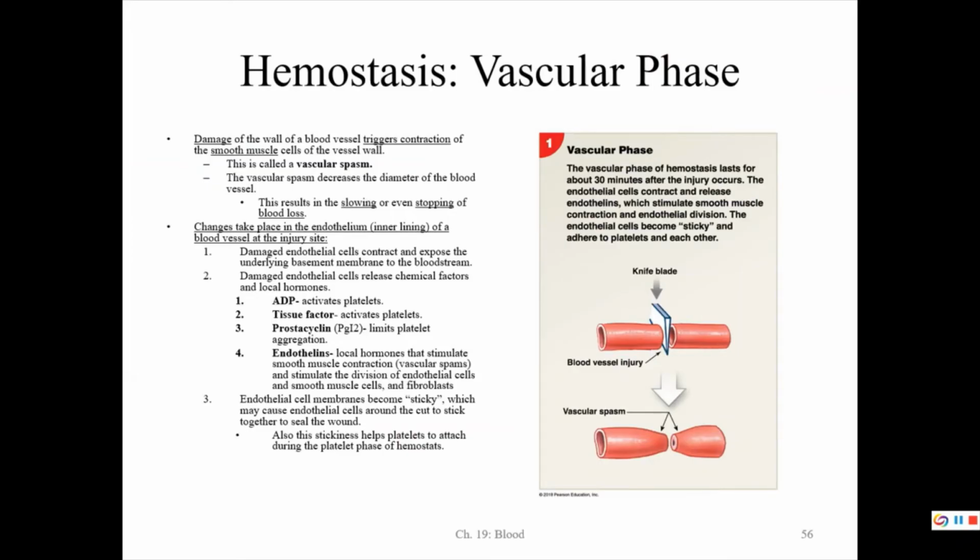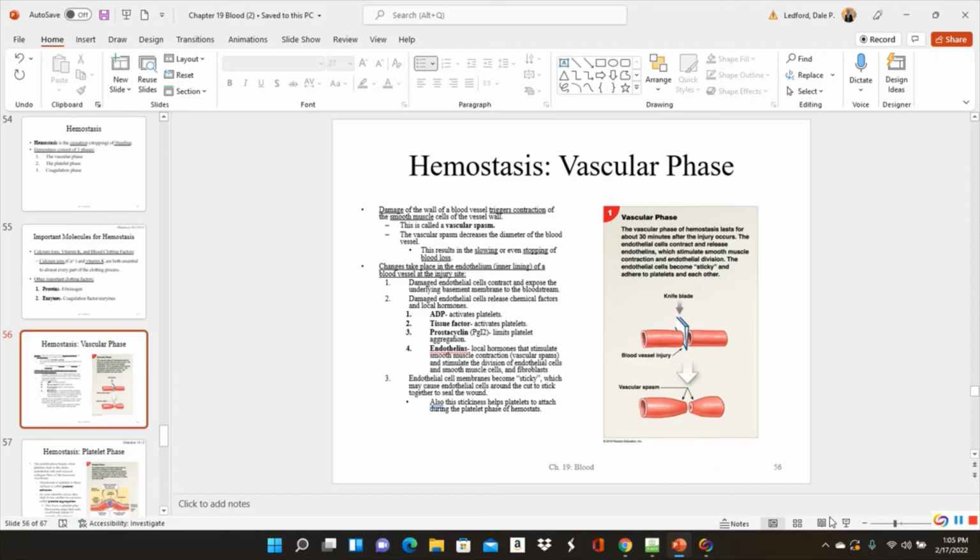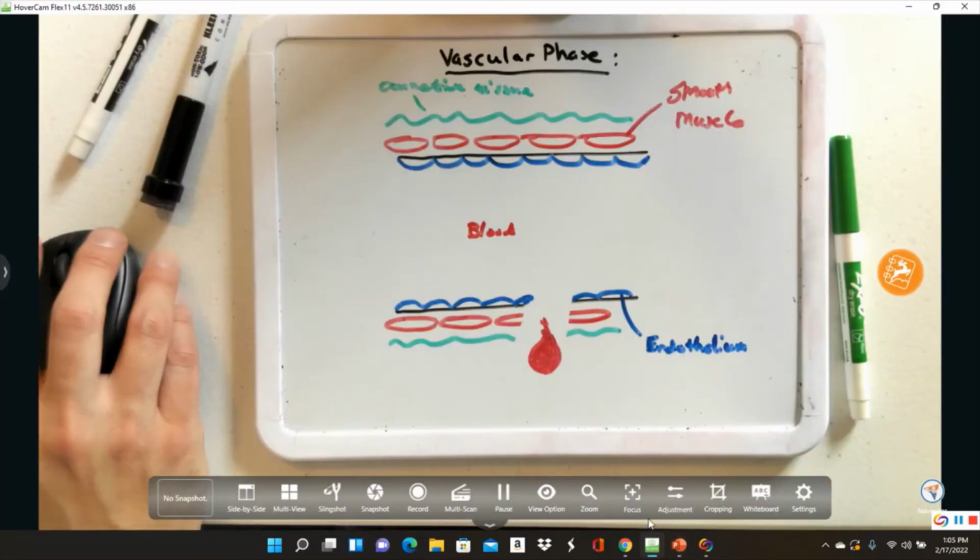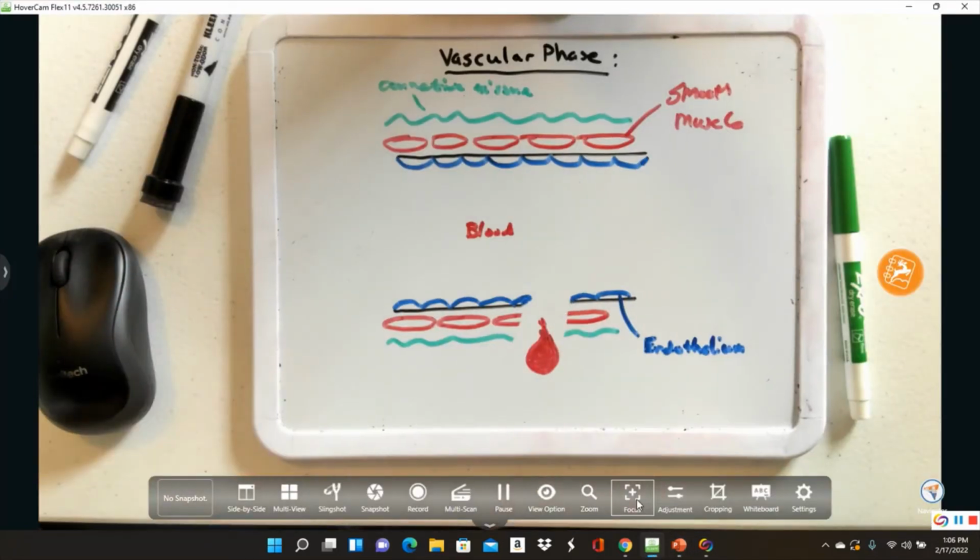So our vascular spasm happens when the diameter of the blood vessel is decreased, and that will help slow and stop the blood loss. Now, there are also a lot of other things. The endothelium gets damaged. The damaged endothelial cells and smooth muscle actually cause the vascular spasm.